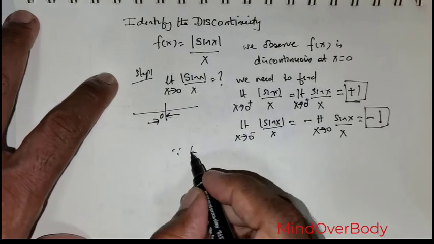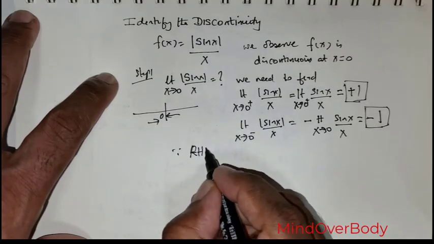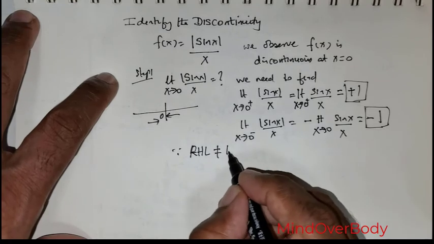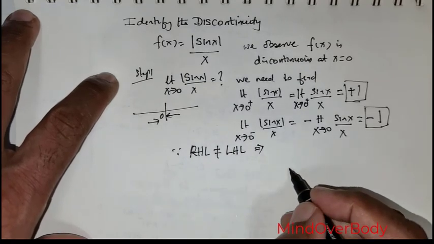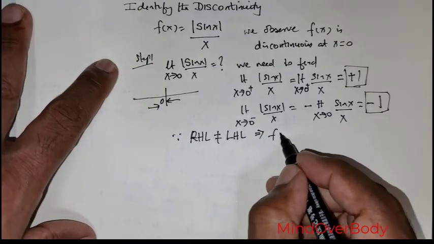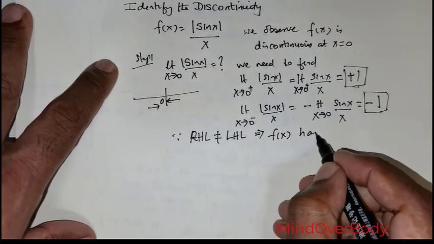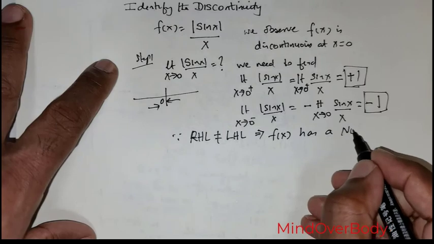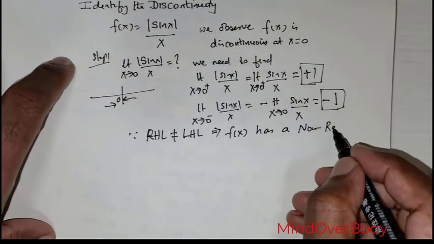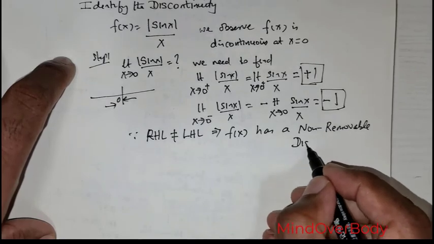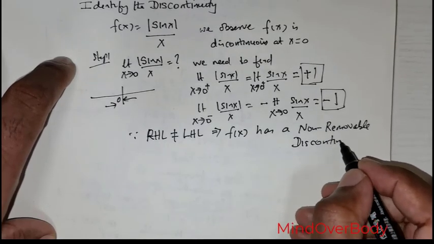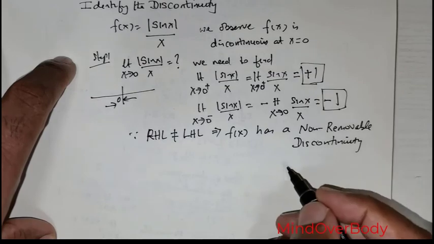Now since the right hand limit is not equal to the left hand limit, this implies that f of x has a non-removable discontinuity. Right? That's fine.